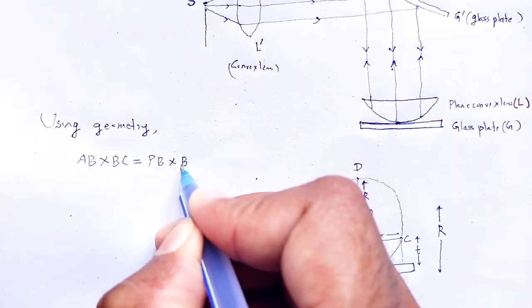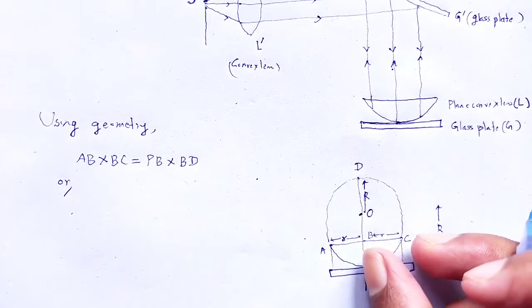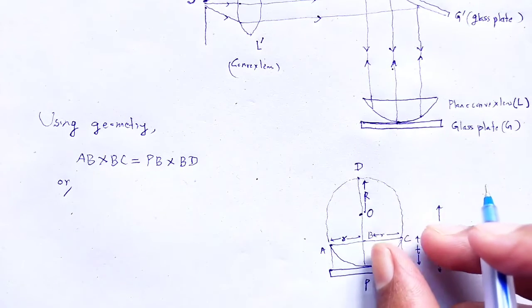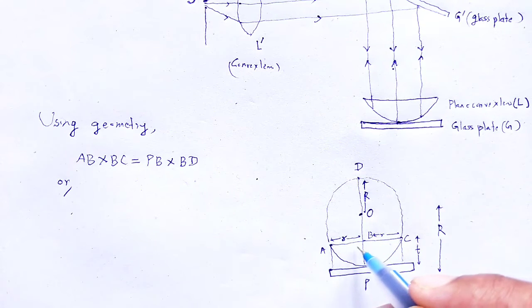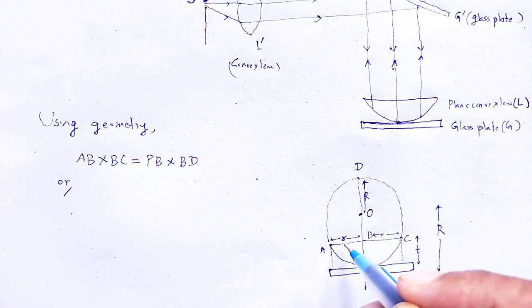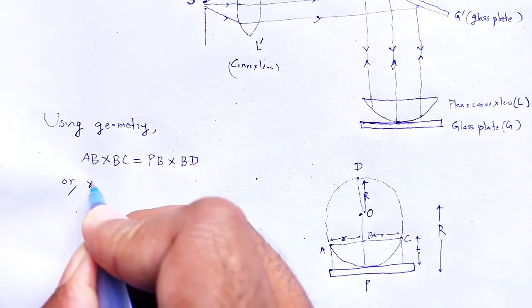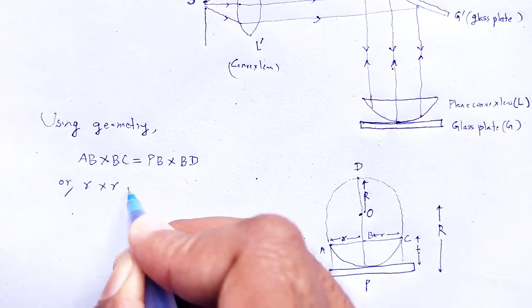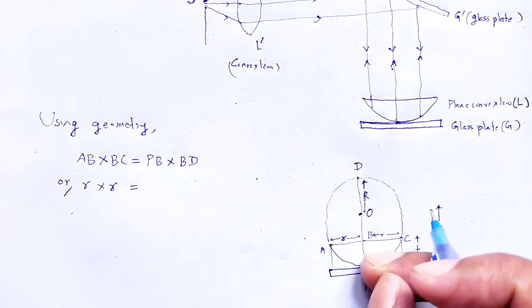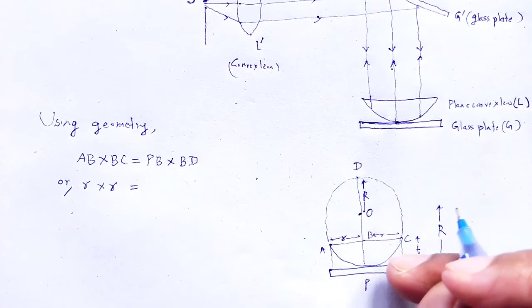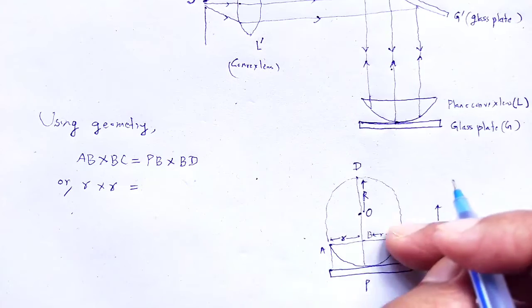Since AB is equal to BC, that is r, when a perpendicular is drawn from the center to a chord, it divides the chord into two equal halves. So r into r. Let us take P as the center, and taking R as the radius, we draw the circle.